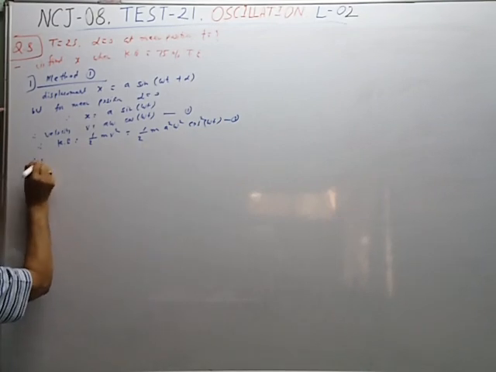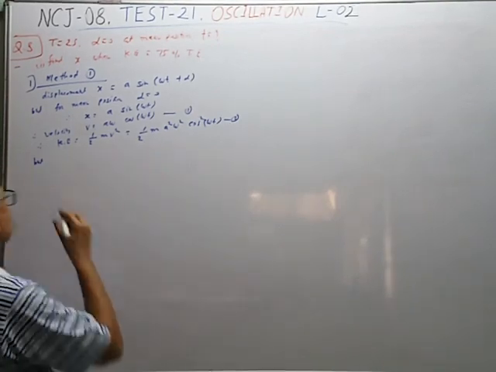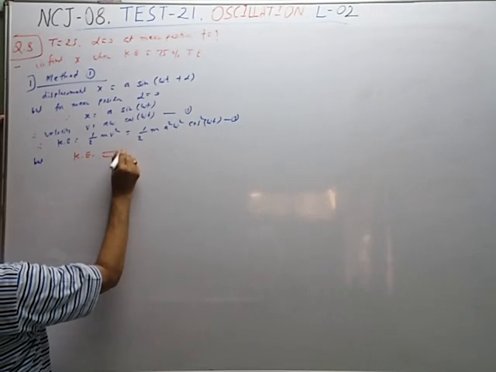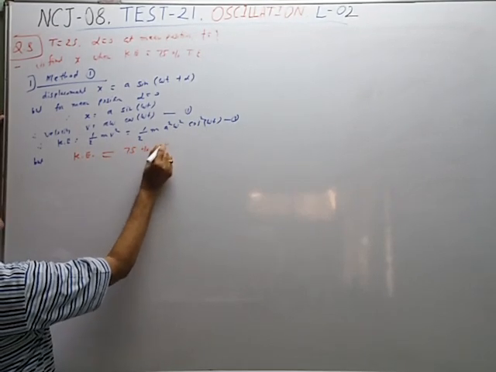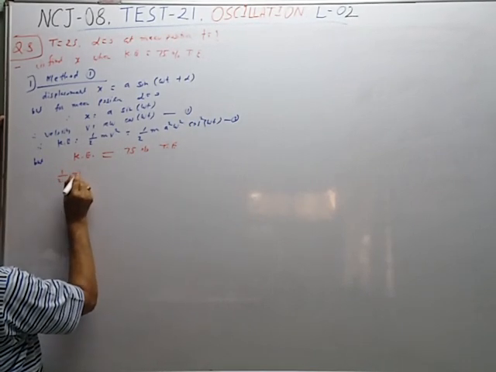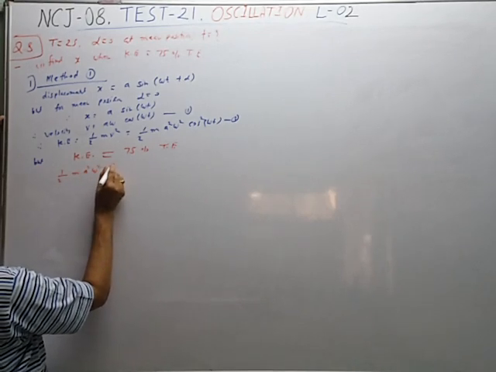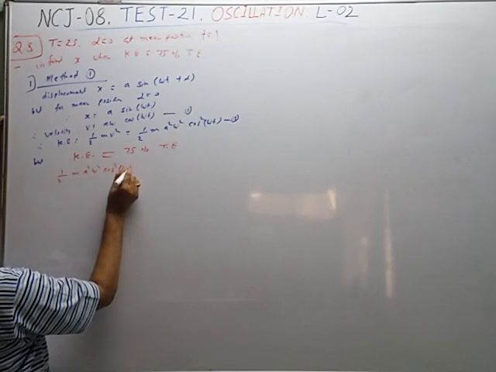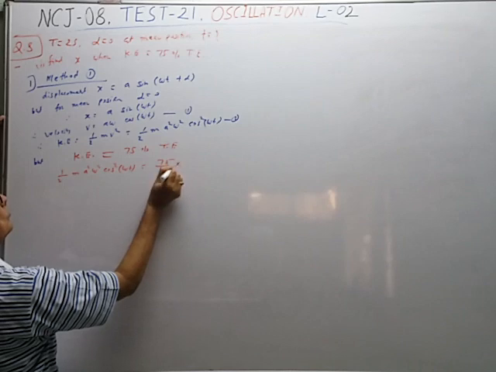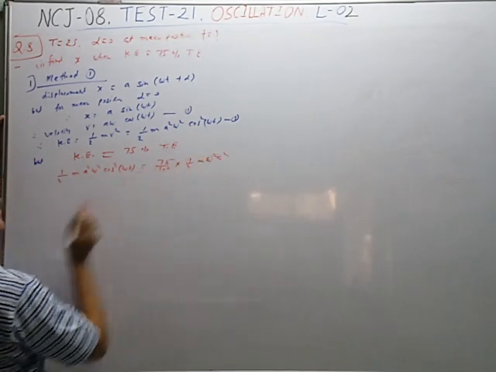But what is the given quantity? KE is equal to 75% of total energy. Therefore 1 half m a square omega square cos square omega t is equal to 75 upon 100 multiplied by total energy, which is conserved.